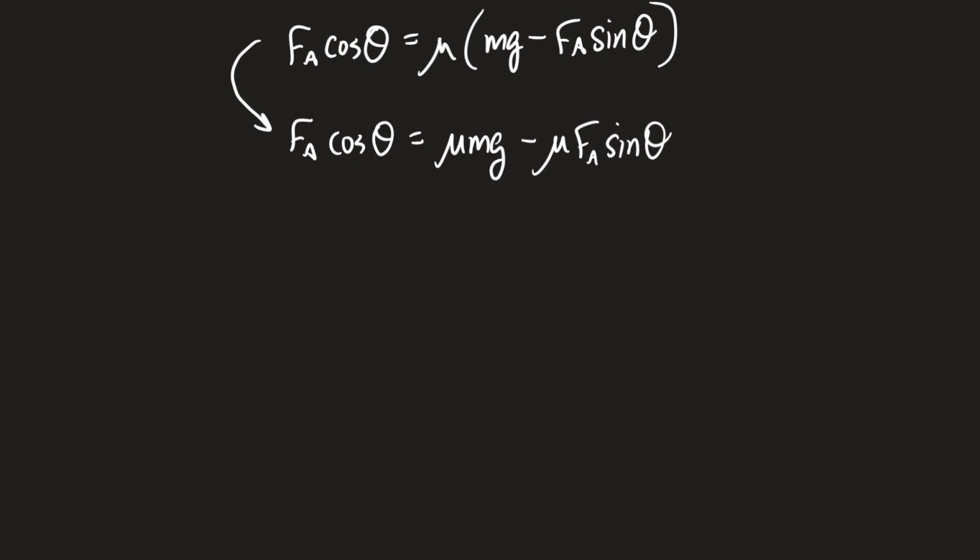to write the instruction. I need to get terms that have FA on the same side of the relationship. So I'm going to move the term with FA that's on the right side of the relationship to the left. All right?